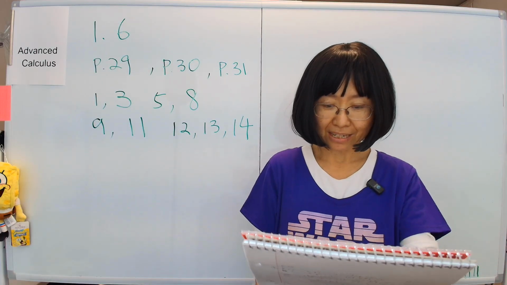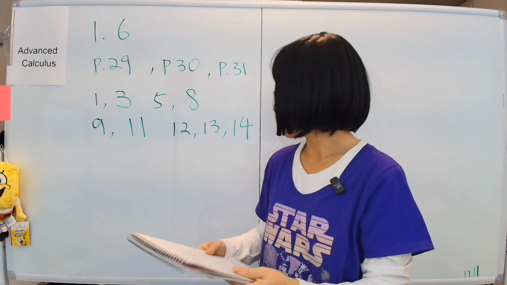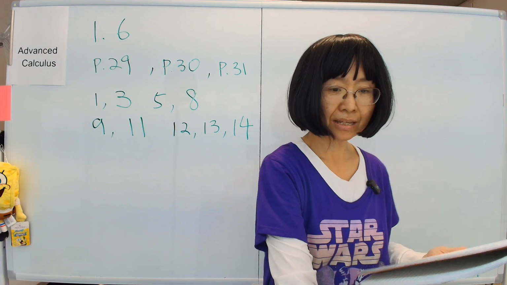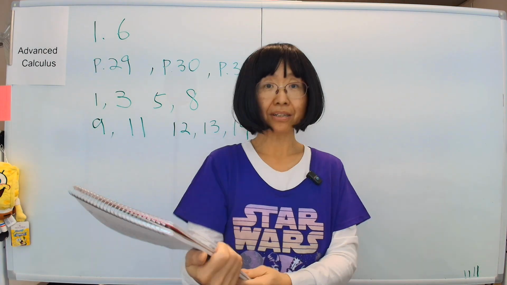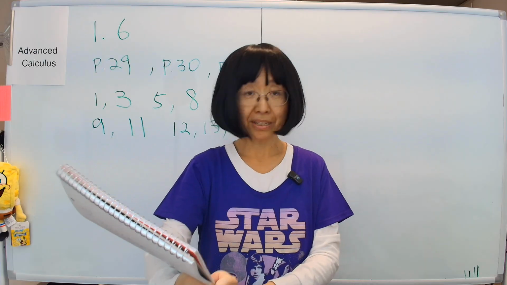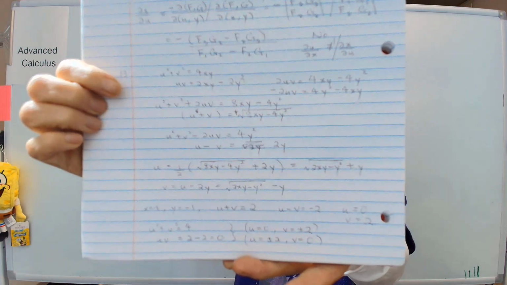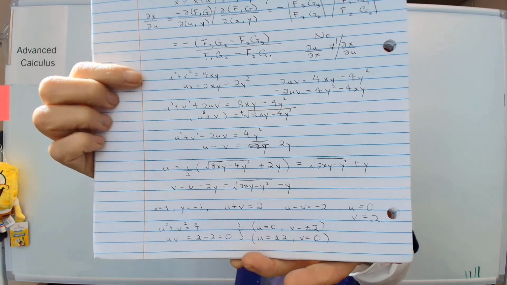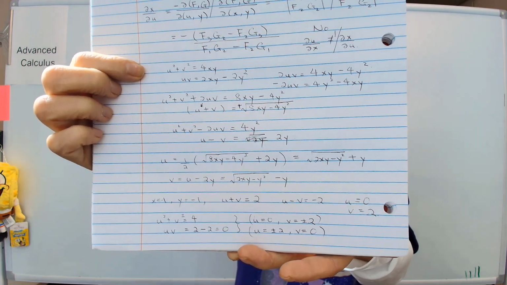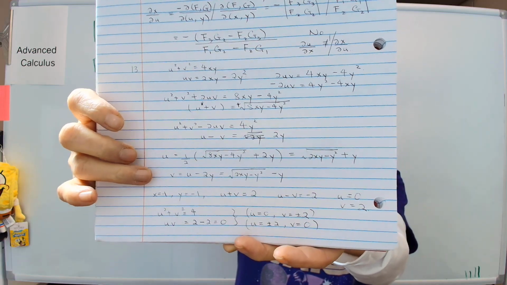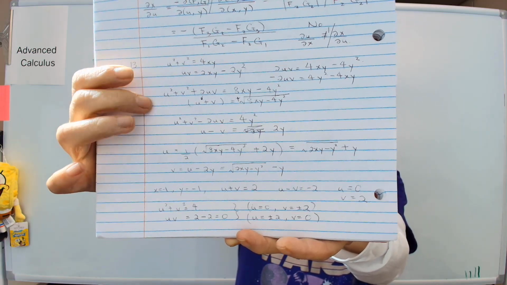There's no guarantees. So next, let's look at problem 13. Now we're going to do some pre-calculus, some old problems, where we solve for U or V in terms of the other one explicitly.